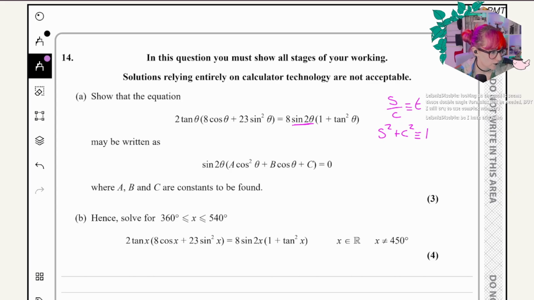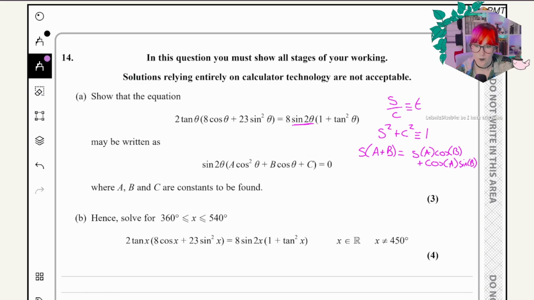formula book, it doesn't give us double angle, but what it does give is sine of A plus B is sine of A cos of B plus cos of A sine of B, which when A and B are the same, so sine of 2 theta in this case is going to be 2 sine theta cos theta.